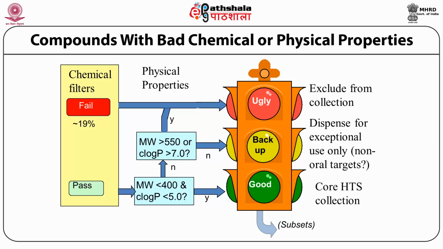That means if C log P is very large, the compound cannot be available in the blood. Also, if it is too highly charged, it is not possible to have the same miscibility. These properties decide whether the compounds go on for further search. Can we do that?